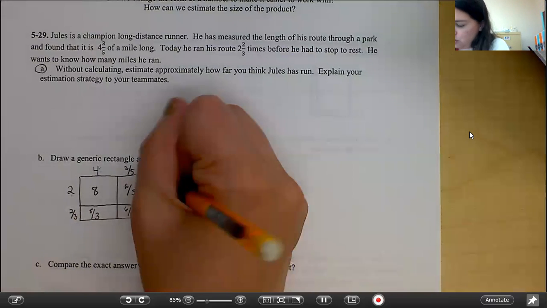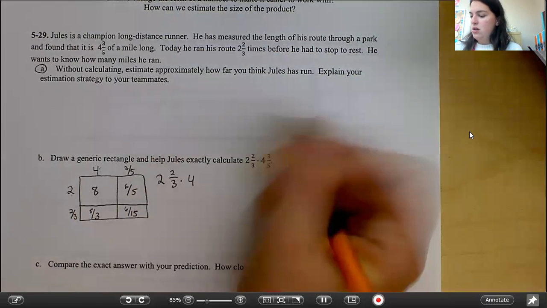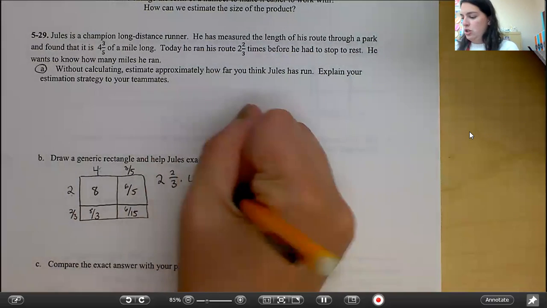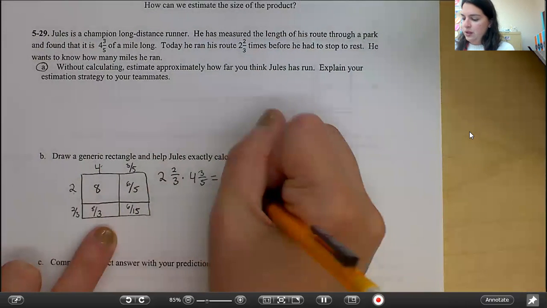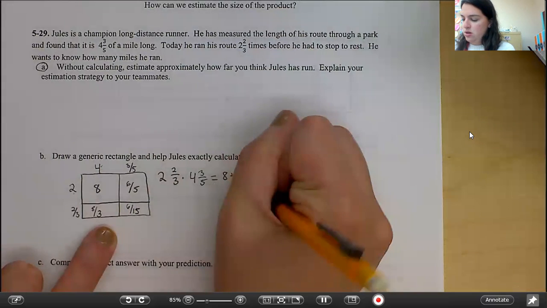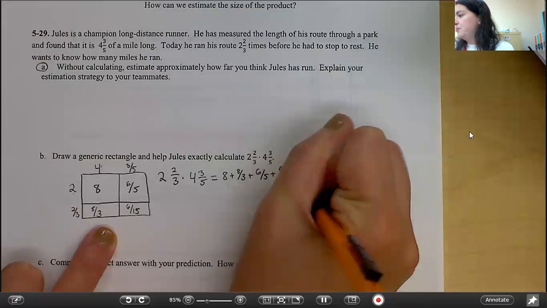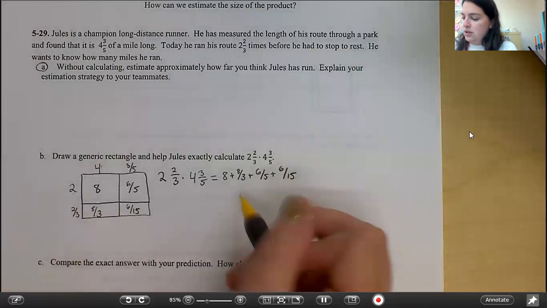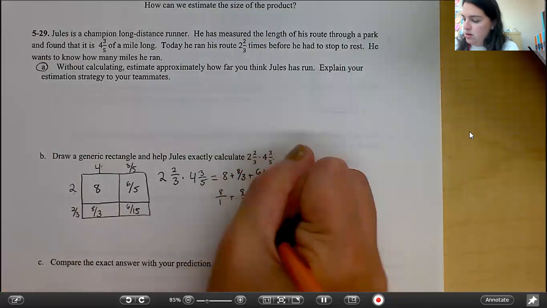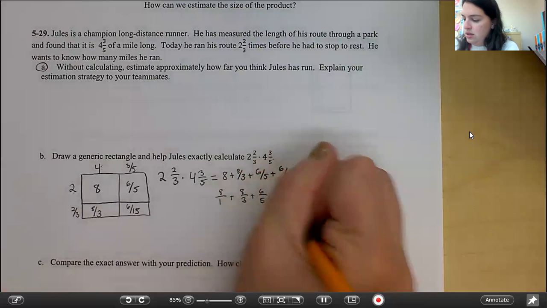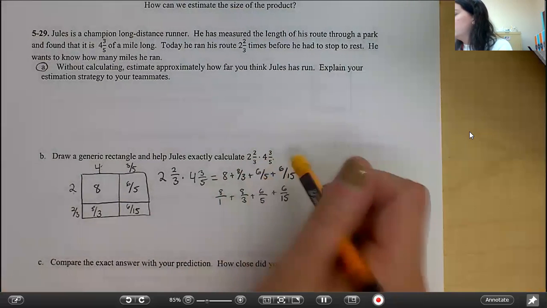So we have 2 2/3 times 4 3/5, which equals everything in the generic rectangle added together. So we have 8 plus 8/3 plus 6/5 plus 6/15. Obviously, this is going to be 8 over 1 plus 8/3 plus 6/5 plus 6/15. Oh, 8/3. Yeah, that's right.